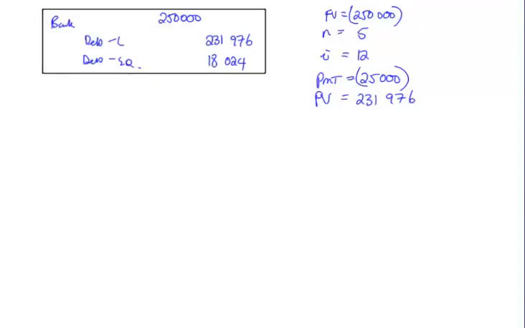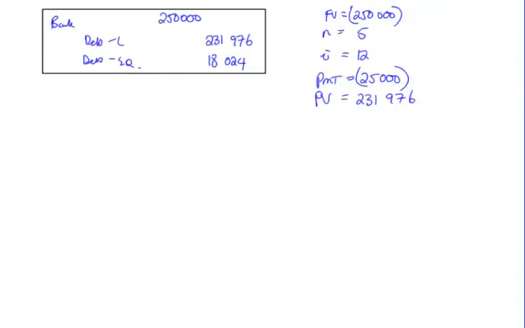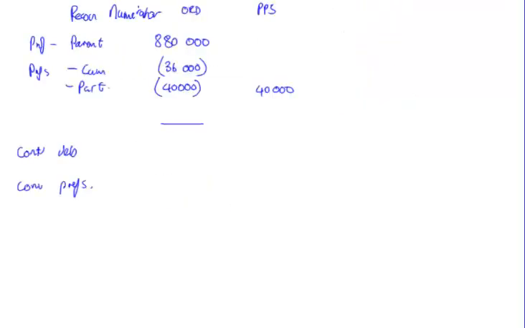Then, lucky for us, there were no transaction costs, and we are now looking at, if years 1, 2, 3 are gone, we're looking at year 4. What concerns me there in year 4 is, for period 4 on its own, the interest is equal to 28,986, and that I need to use because of the convertible debentures, there is an interest amount.